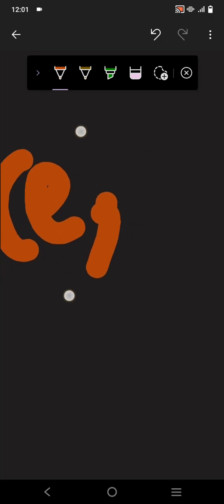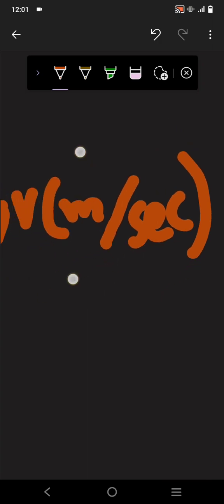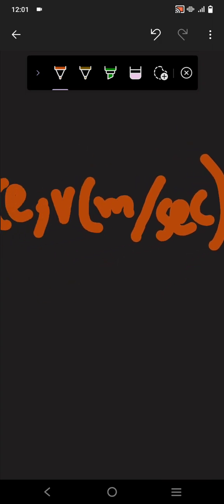Then we have velocity, meter per second, right? The unit is meter per second. Velocity: at what speed, at what velocity is it going? The car is going with this velocity. Velocity requires direction.